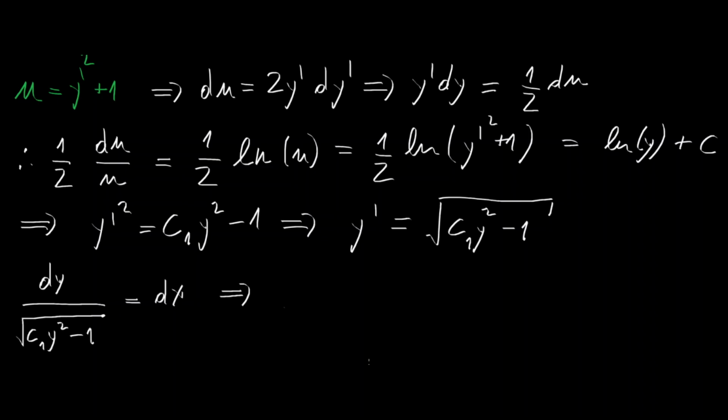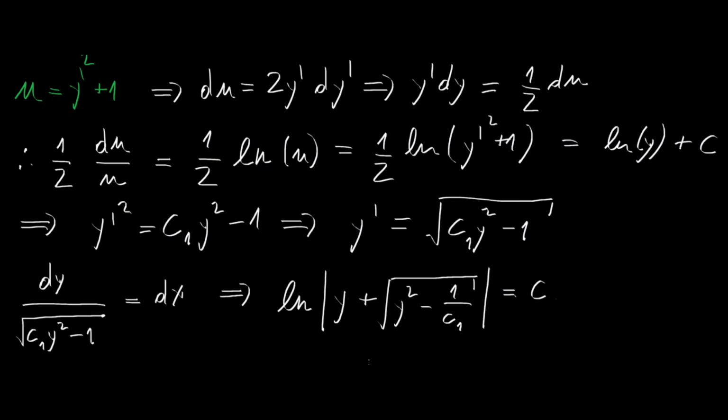This is a fairly common integral. We can find it in any decent table of integrals, and reach the following conclusion: natural logarithm of the absolute value of y plus the square root of y square minus 1 over c1, our constant, equal to c2, a new constant, of e to the square root of c1 x.